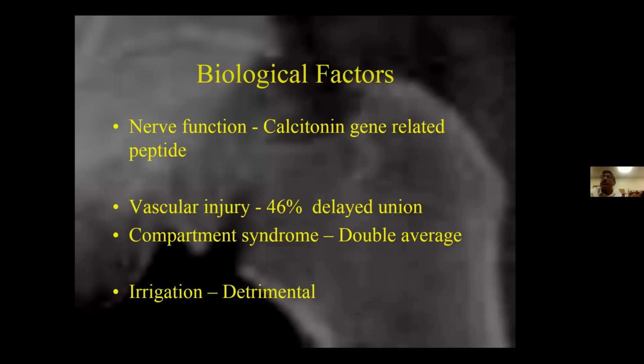And then stage 3 will be copious irrigation. We all do it. Every open fracture, we say there should be water on the floor, 6 liters, 8 liters. But truly, at the cell level, is it detrimental or beneficial? If you look at it logically, irrigation is going to take your hematoma and your first response away. So at the cell level, at least, it is detrimental.